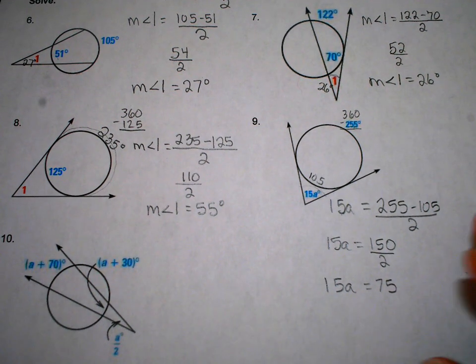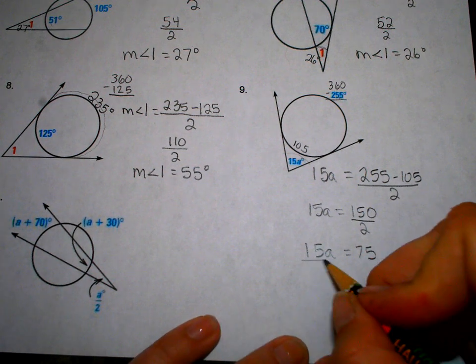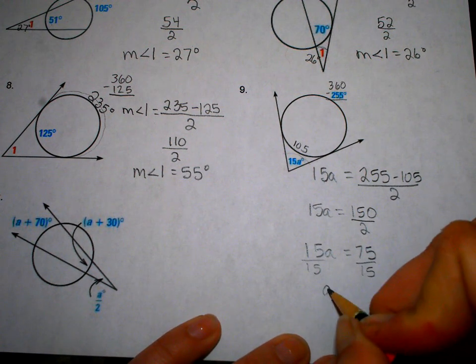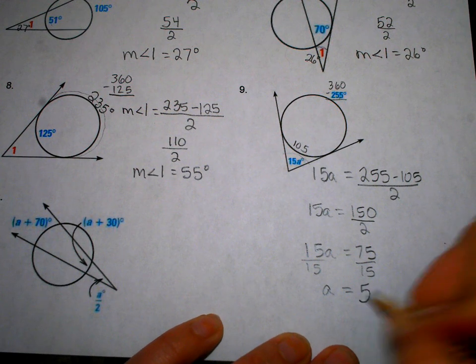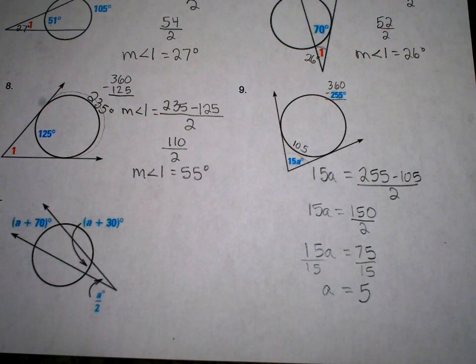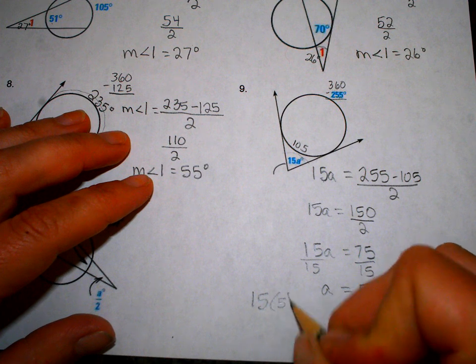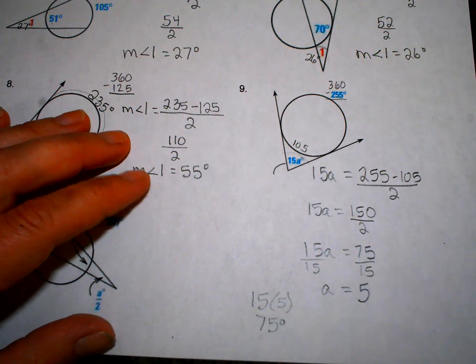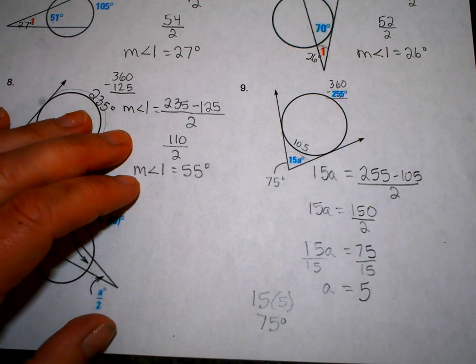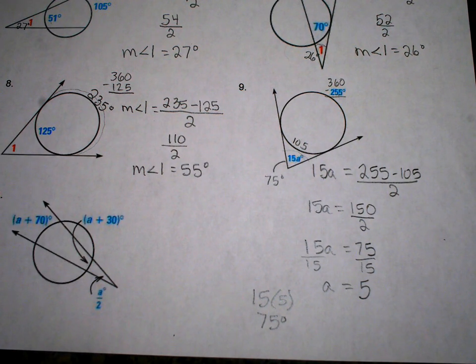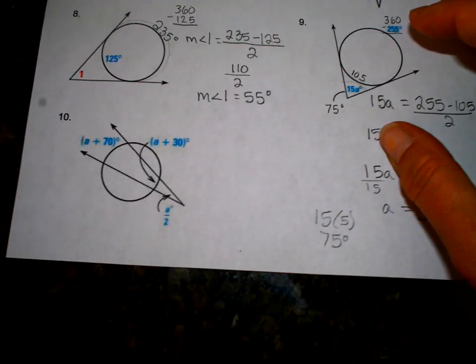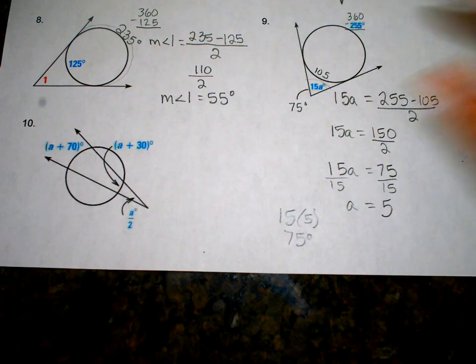And solve for A. A is 5. But if I really wanted to know how big that angle is, you would do 15 times A. So this is 75 degrees. Okay? I'm cutting into my other space. That's okay. Moving on to number 10.